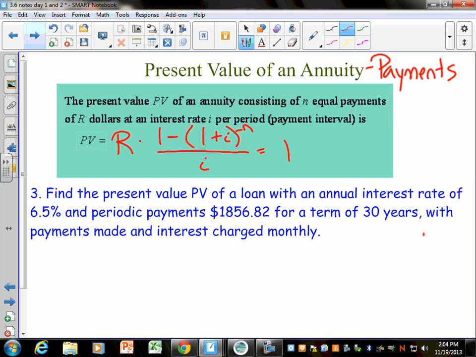So that's the same as saying R times 1 minus 1 plus R over K to the negative KT power. Notice it's a negative exponent over R divided by K. Where R is still my interest rate, K is the number of times per year, T is the number of years, R is the interest rate. I think I said that already.